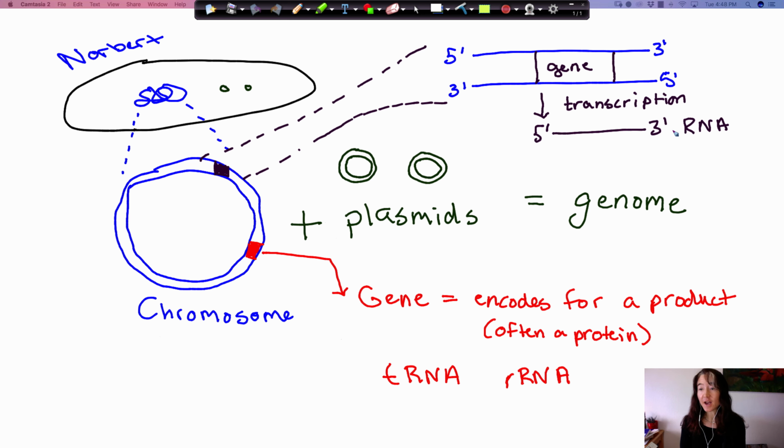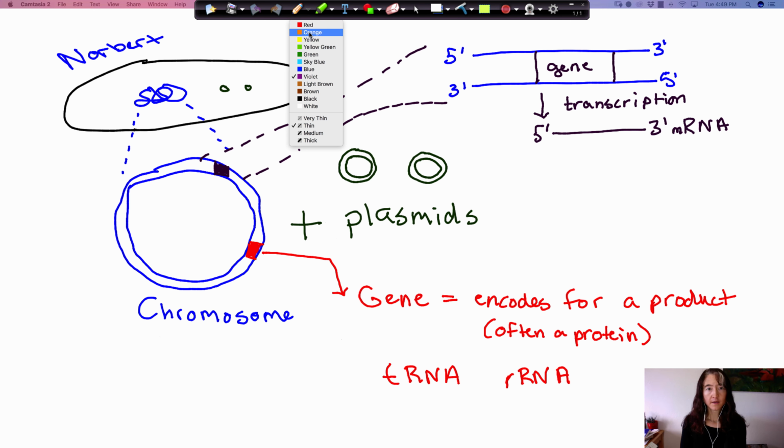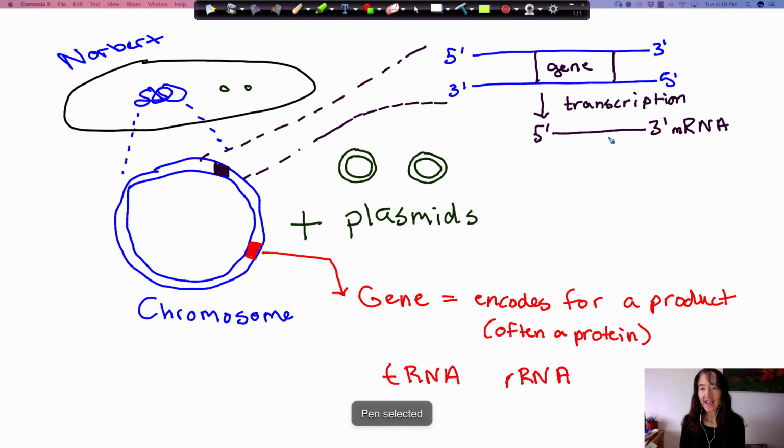If it is mRNA, we'll just say it is for good measure. Then that mRNA can get recognized and read by a ribosome and converted into a polypeptide chain. So that mRNA can be used to make protein. And you might remember that that is a process called translation.